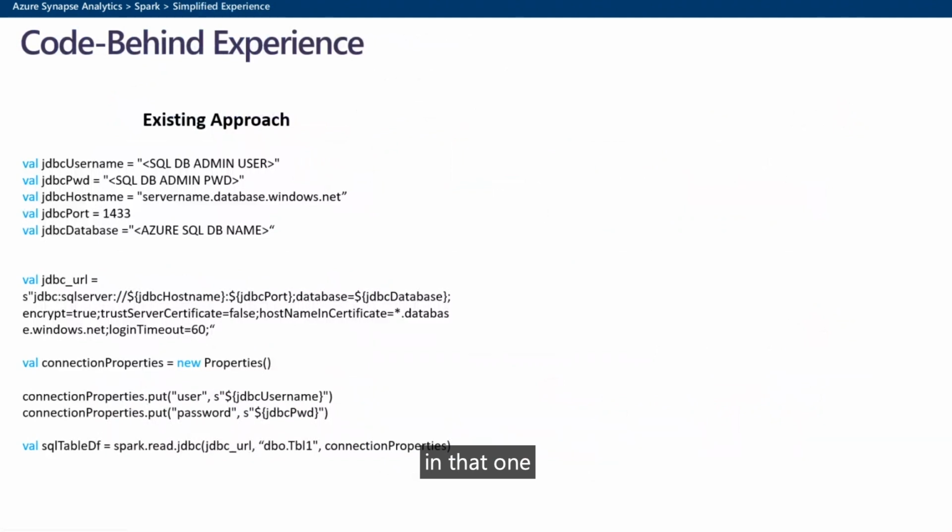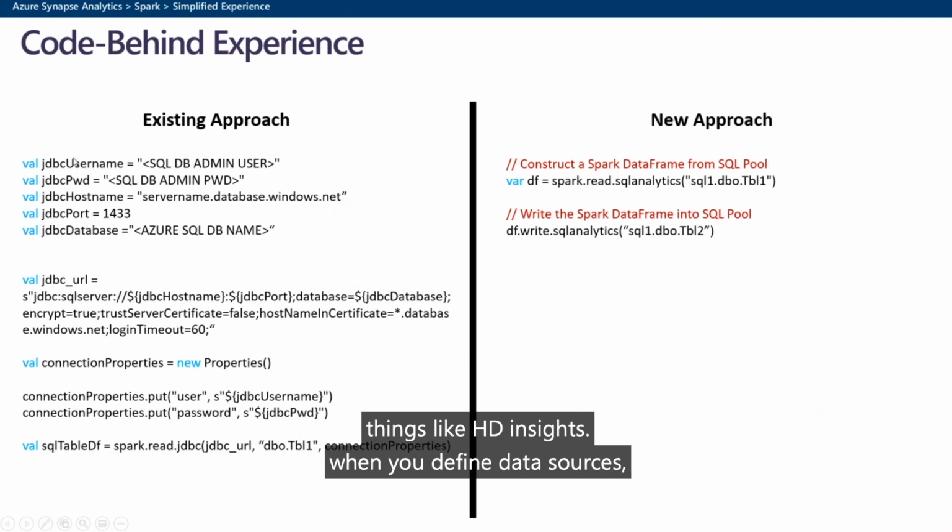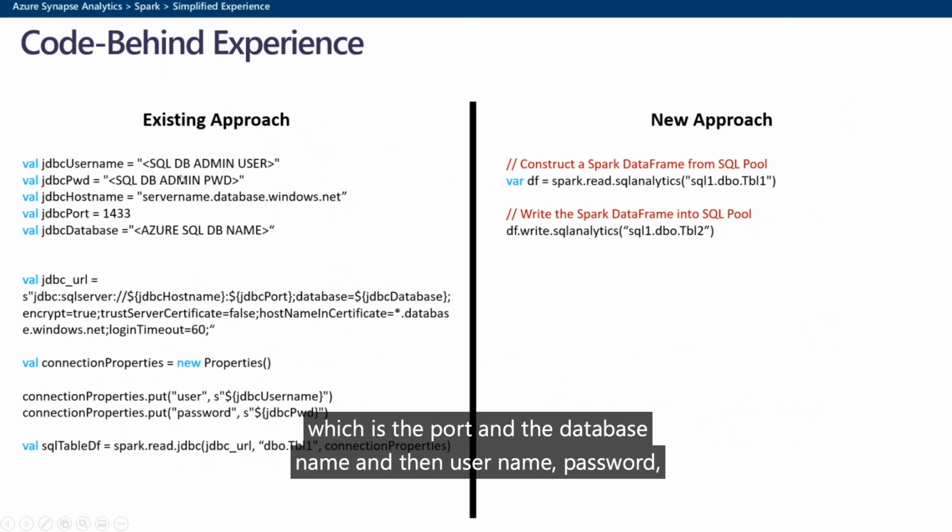And the code-behind experience. Okay, this one is important and interesting. If you have been using things like HDInsight, when you define data sources, you have to do a lot of definition. You connect to a JDBC URL, but it doesn't include a lot of things, so you define the port, the database name, then username, password, and so on.